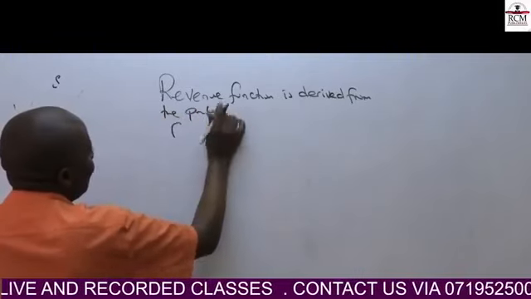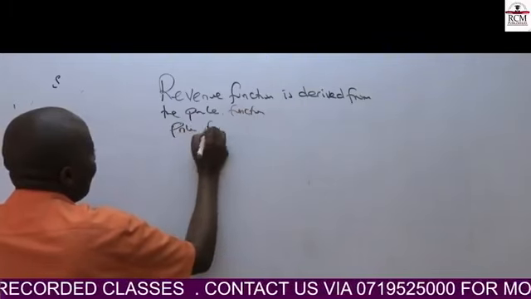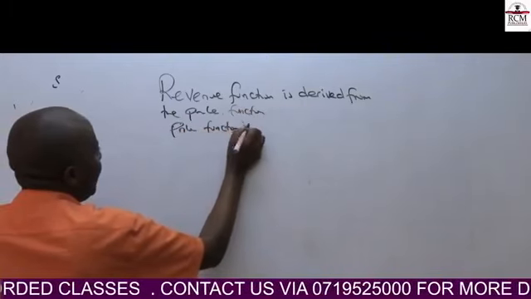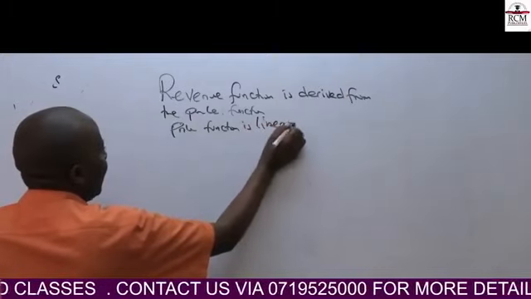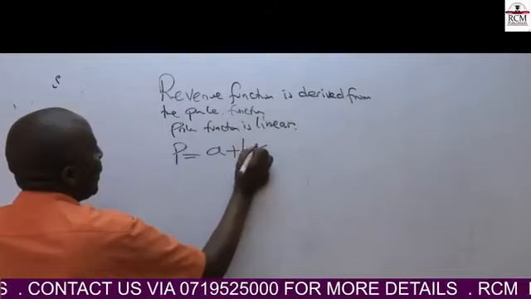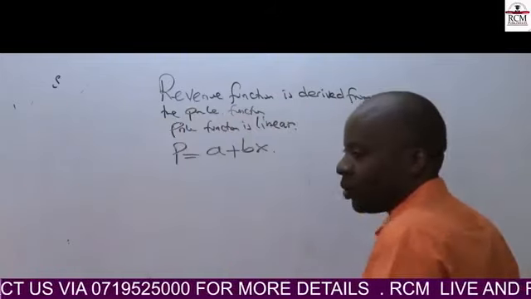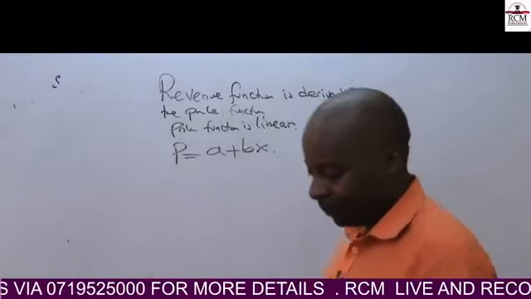And then they have told us that the price function is linear. And if it's linear, we know that it should be behaving like this: price equals A plus BX.